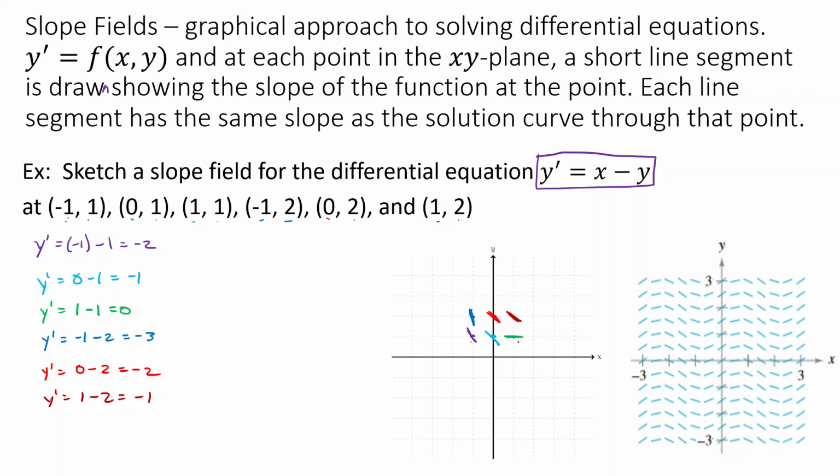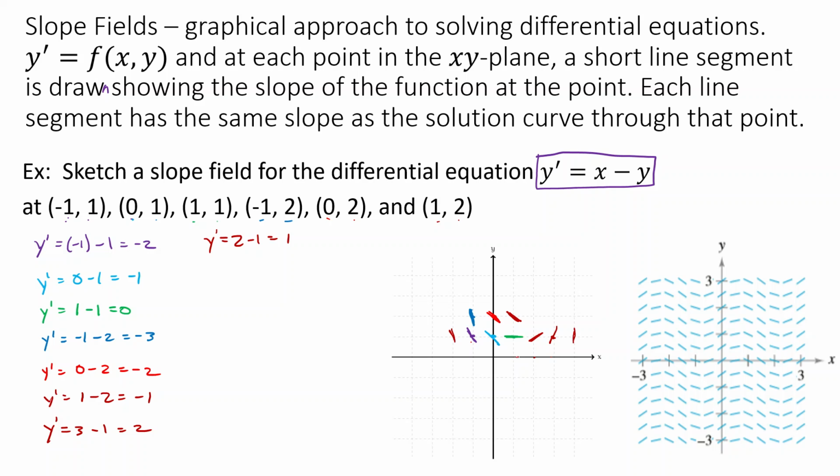All right, if you notice, we're making a bunch of lines. We can just pick any other points. Like 3, 1 will give us a slope of 2. So we go over 1, 2, 3, up 1. We've got a slope here of positive 2. And if we wanted to do 2, 1, y prime, not y, y prime, 2 minus 1 would be 1, so we get a slope of positive 1 here, and then it'd be like positive 4 here, and this would be even steeper over here, and so on.